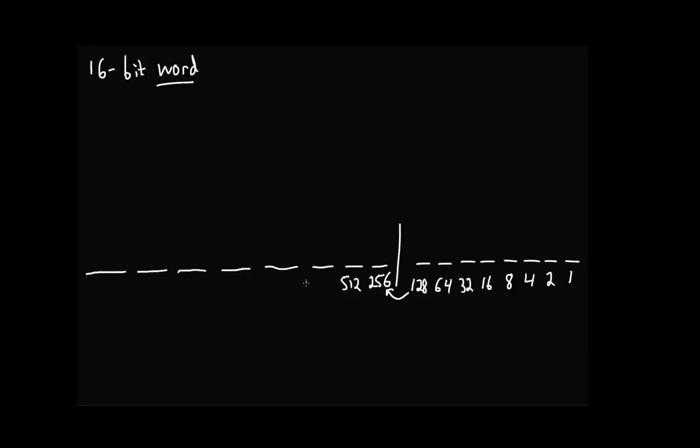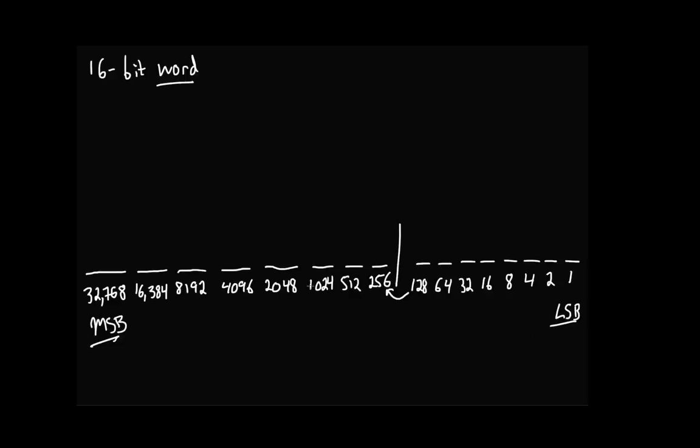So 256, 512, 1024, 2048, 4096, 8192, 16,384, and then 32,768. That's the value of the new most significant bit in this situation, but the LSB is still 1. Wow, what a difference. I mean, look at how much that scales up, right?